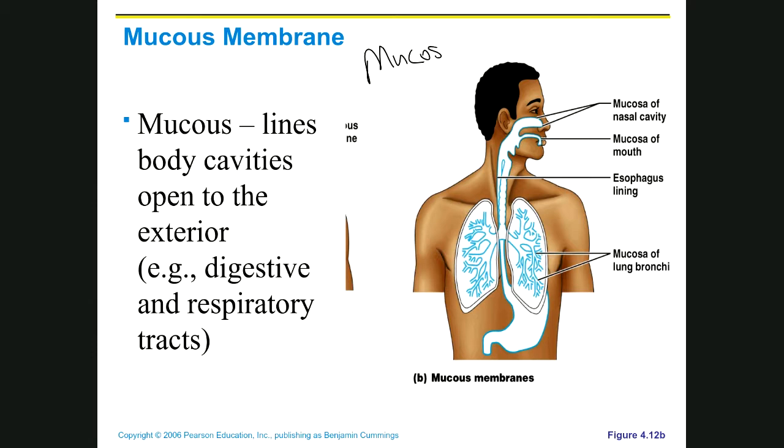And then all we do is we put the name of the cavity in front of it. So we have the mucosa of the nasal cavity, or the nasal mucosa. We have the mucosa of the oral cavity, or the oral mucosa, esophageal mucosa, bronchial mucosa, gastric mucosa, all the way down.